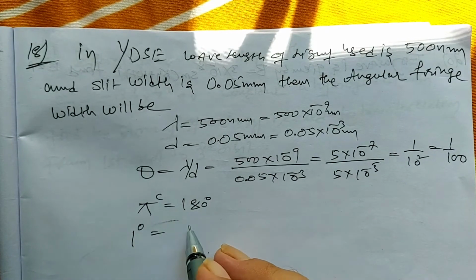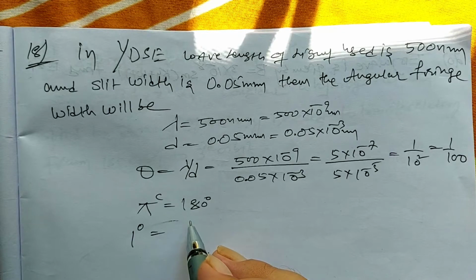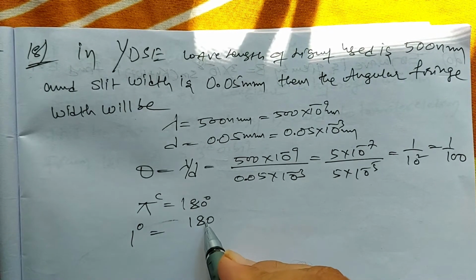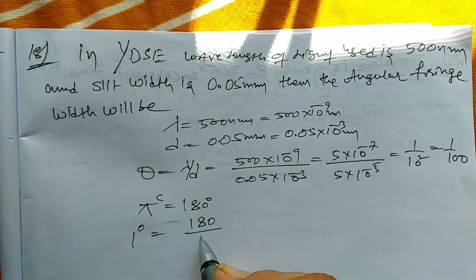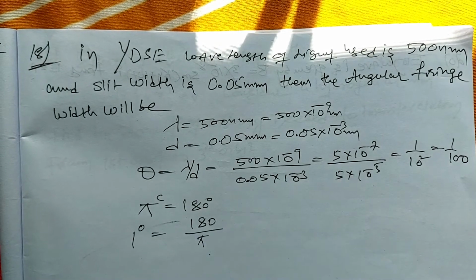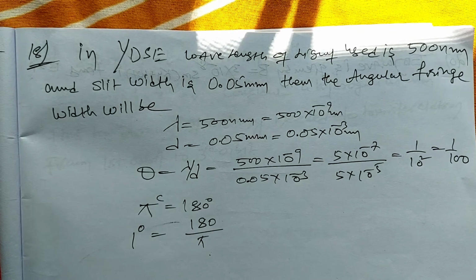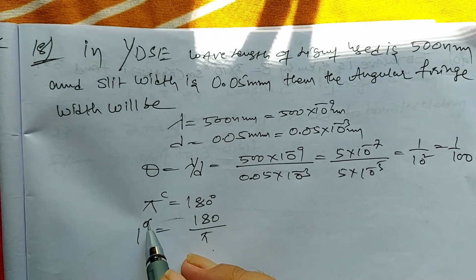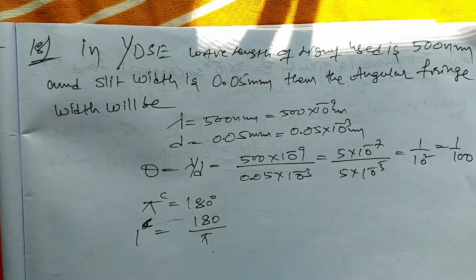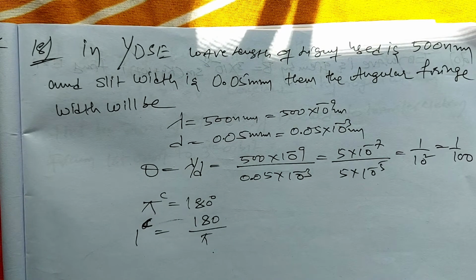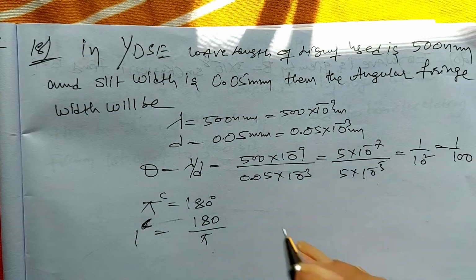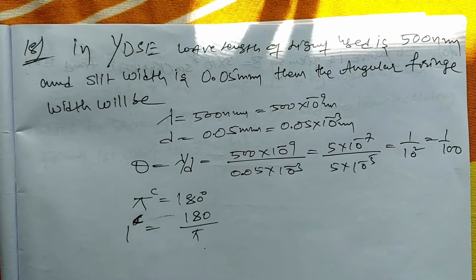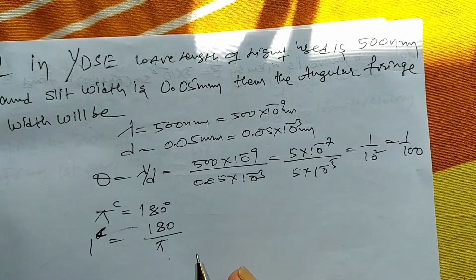So 1 degree is equal to how much? 1 radian is equal to 180 by pi degrees. Here the answer comes in radians. Now we should convert it into degrees.